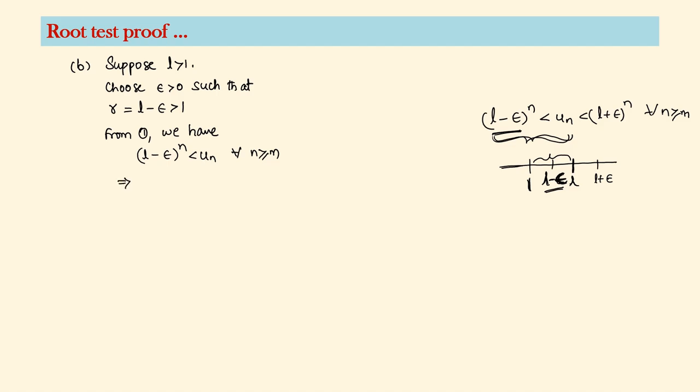Our L minus epsilon is R. R power n is less than u_n for all n greater than or equal to m. And again this summation R power n is a geometric series with R greater than 1, so this is divergent. Since it is divergent, by comparison test summation u_n is also divergent.